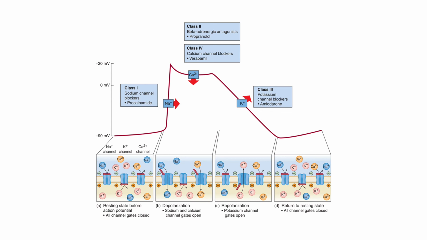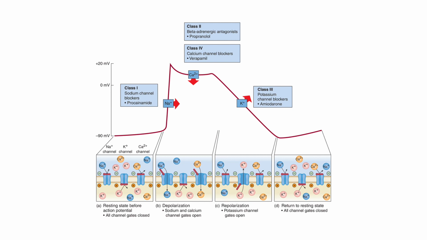And if you block the channel, basically what you're doing is you're trying to stop the arrhythmia that we're seeing in a particular patient. Okay, so it's not like we use these drugs on patients that don't have an arrhythmia. Well, in actual fact, we do use some of these drugs, as you'll see, for other conditions. But in general, antiarrhythmics impact different parts of the action potential to try and break the rhythm or alter the rhythm that the patient is in, the dysrhythmia.